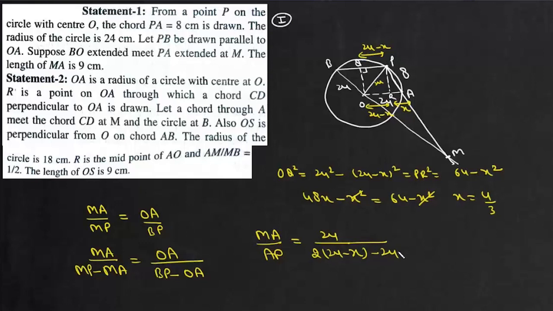Now AP is 8, so we can write MA upon 8, and it will be equal to 24 upon, and this is 24 minus 2 into X, and the value of X is 4 by 3.